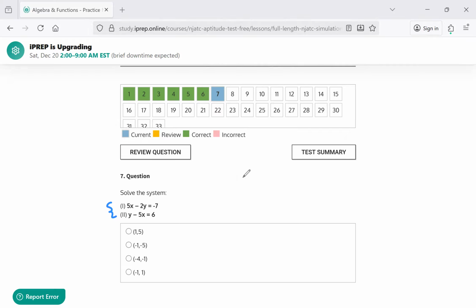So let me align them correctly. The first one, I'm going to align as 5x minus 2y equals -7. And then the other one, I can rearrange this. It doesn't change the problem. Just make sure the letters are lined up: -5x plus y equals 6, right?